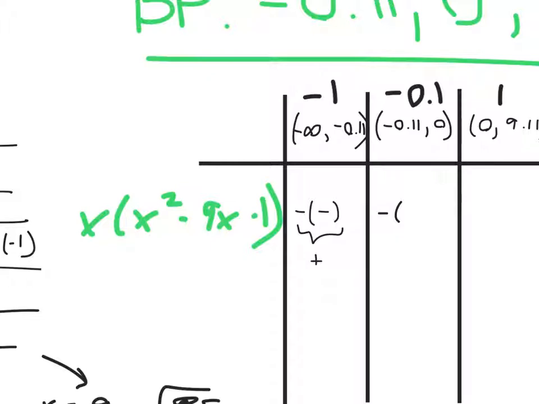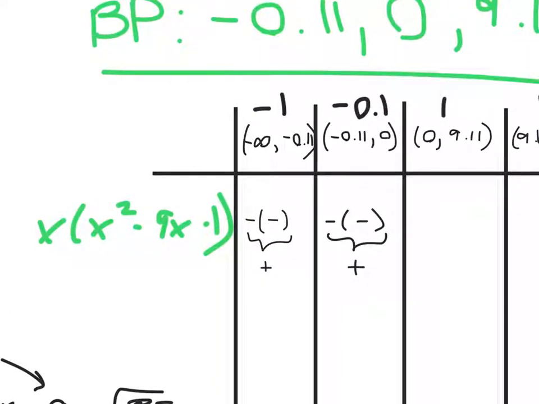So we get 0.0121 minus 9 times 0.1. So it gets 0.9, 0.0121 minus 0.9 minus 1. Overall gets us a negative number. So again, that interval is going to be positive.